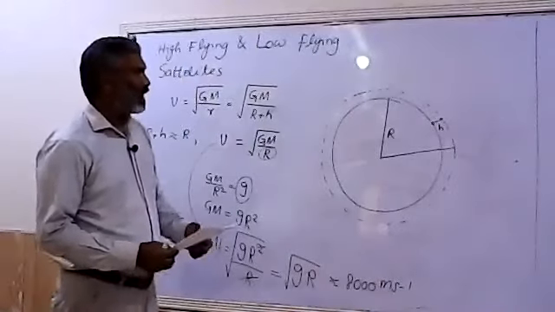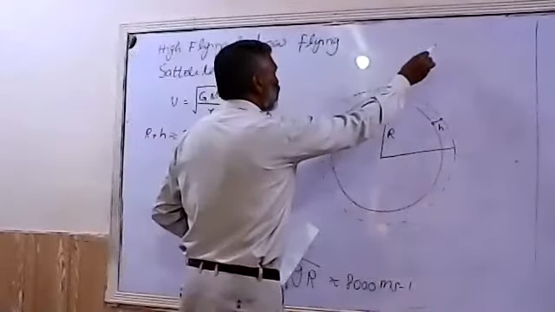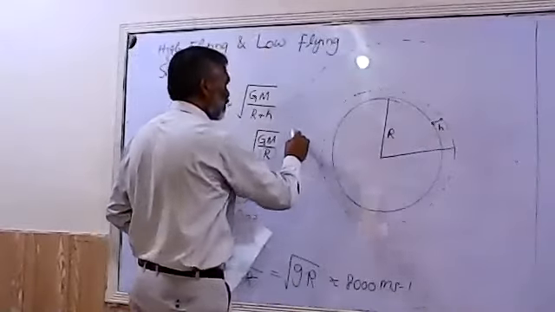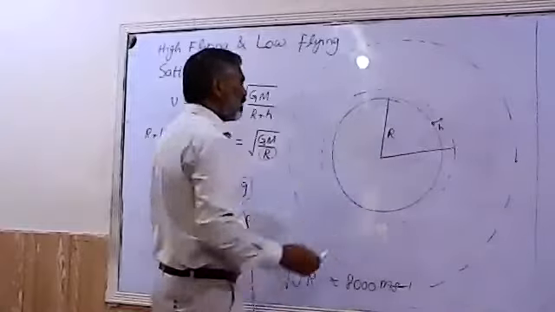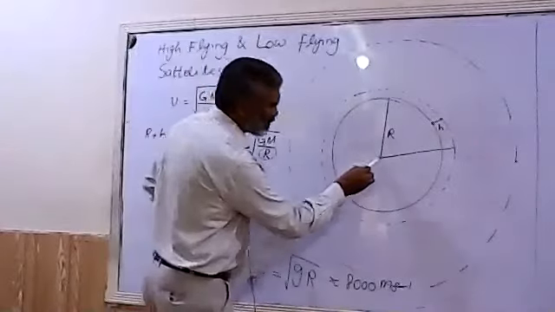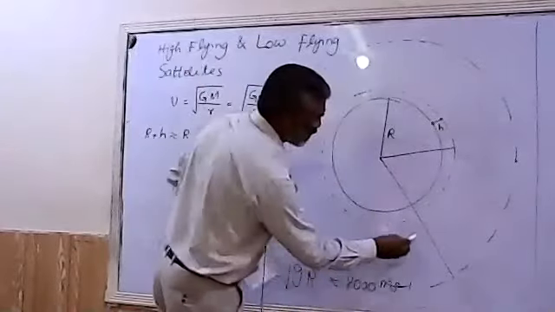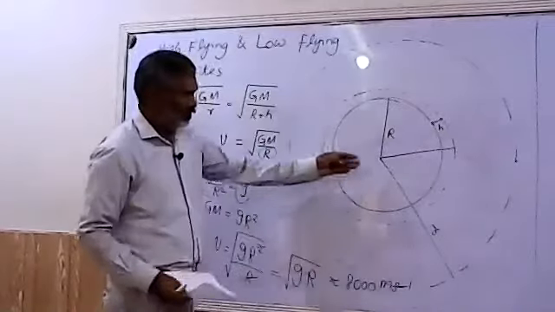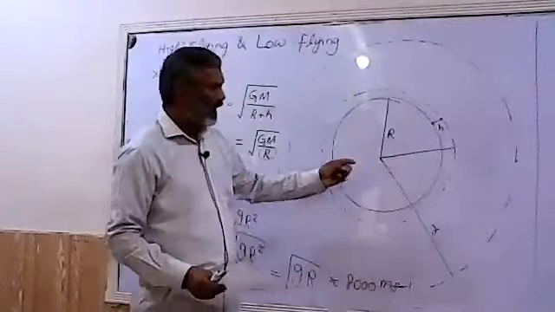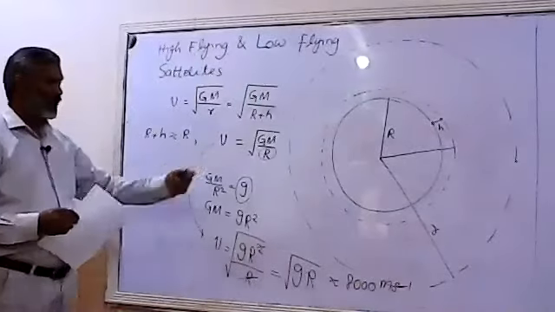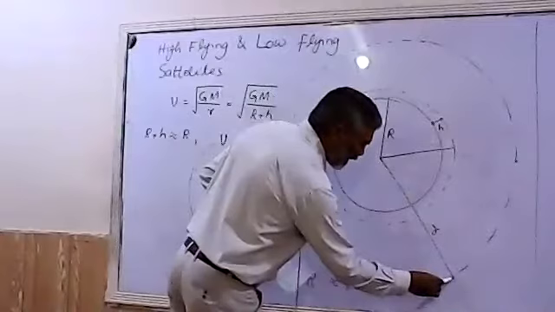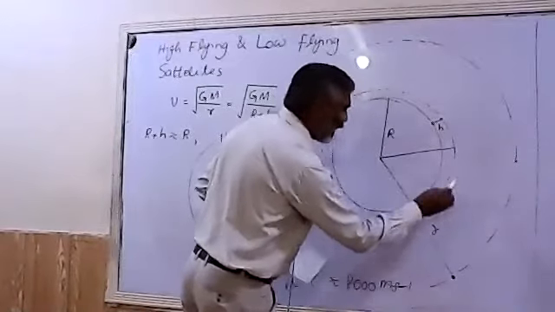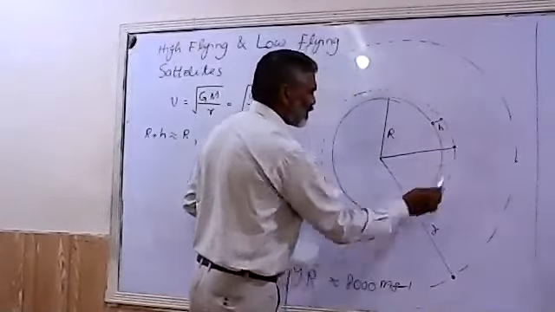That means if an object was moving in a radius of orbit which was a much larger value as compared to the radius of the Earth, this is for the high flying satellite, and this is the low flying satellite.